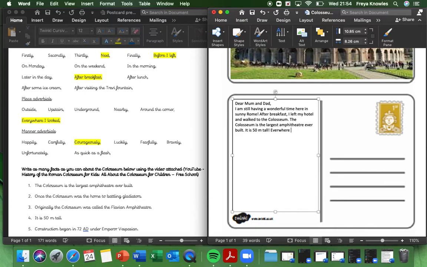Everywhere I looked, I could see it towering above me. It was spectacular.